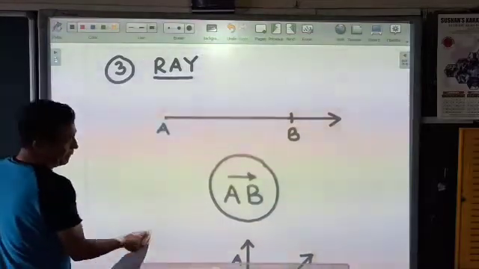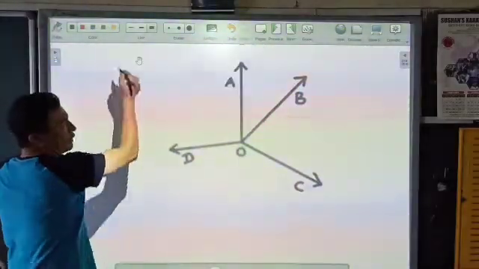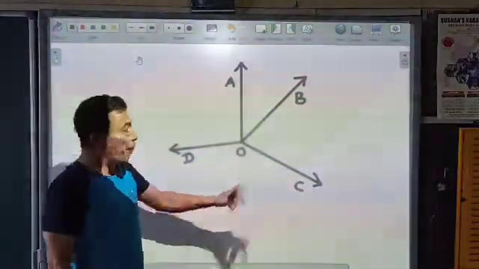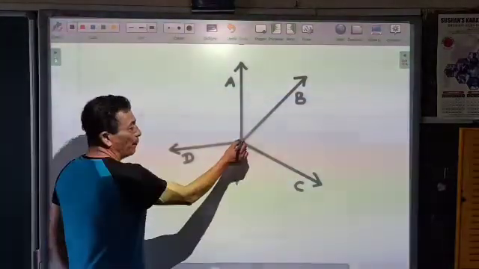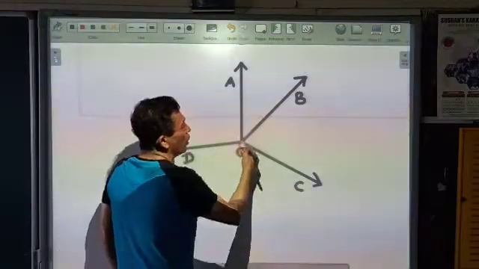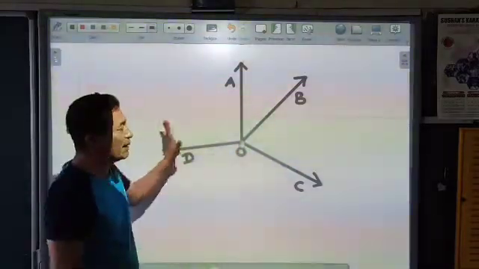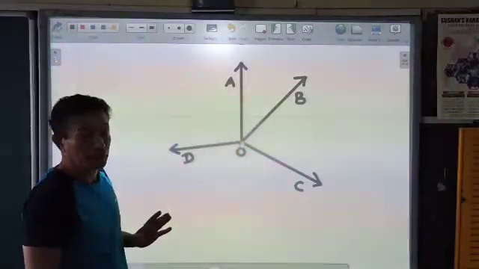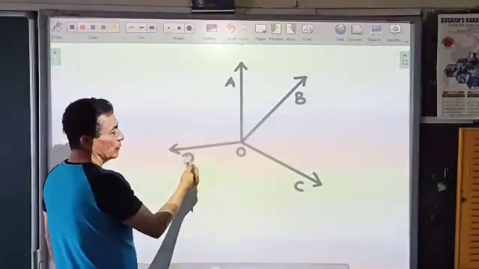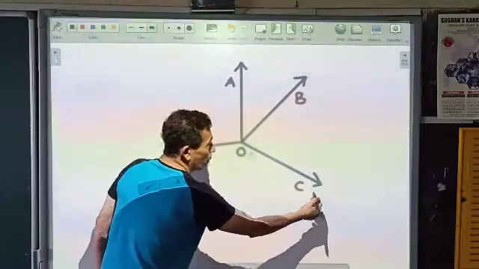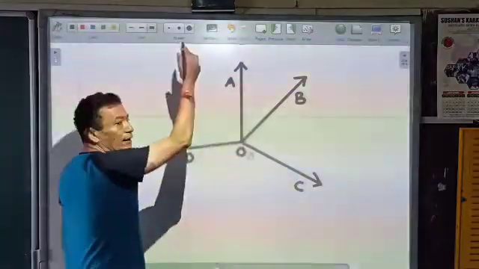Keeping the same thing in mind, if I look at this figure, our point is O, which is common. From the point O, I can draw as many rays as I want. So, let's say this is the ray OD, this is the ray OC, similarly OB and OA.